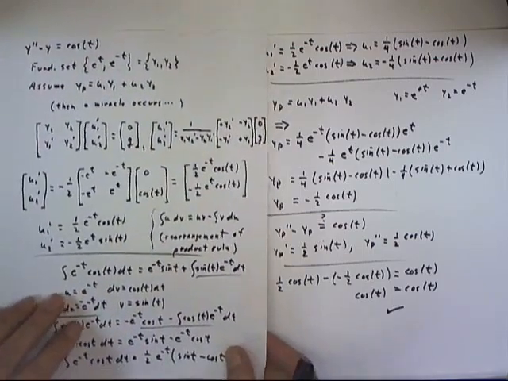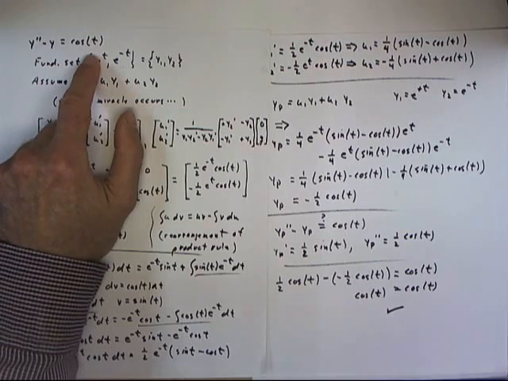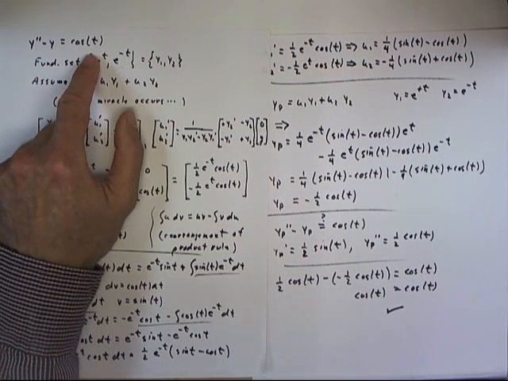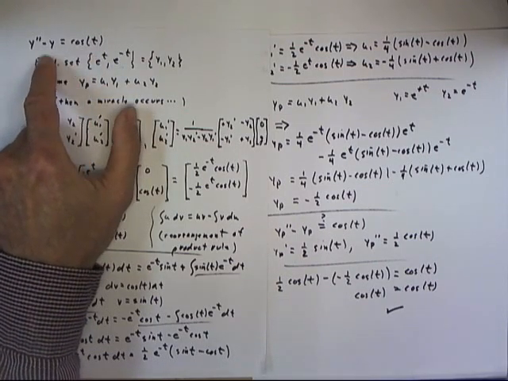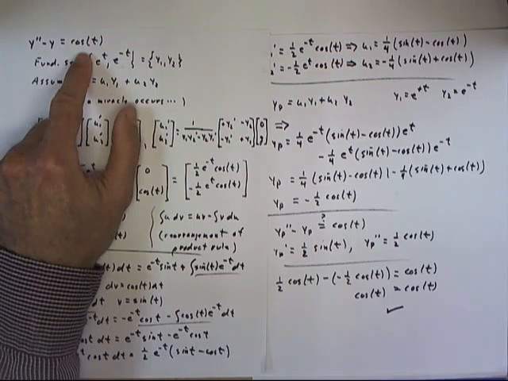Now it was actually a lot easier when we solved this equation to use the undetermined coefficients method, knowing that our y function would have to be some linear combination of sines and cosines.